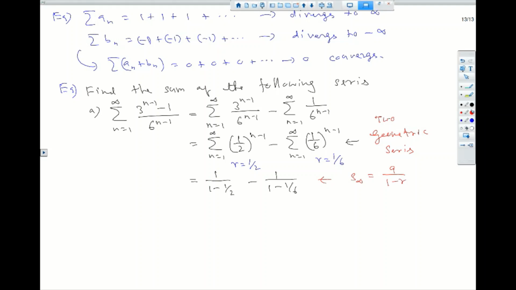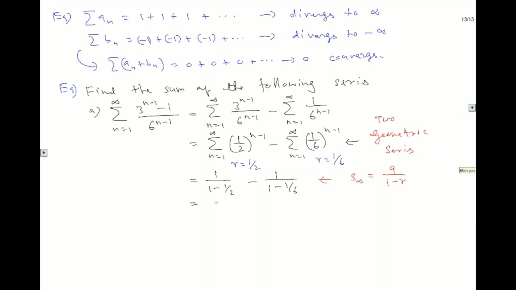Good. So you can simplify. You're going to get 1 over 1/2, that means 2, minus, here you're going to get 1 over 5/6, so 6 over 5. And then if you simplify, you can multiply: 10 minus 6, that means 4, so it's 4/5.